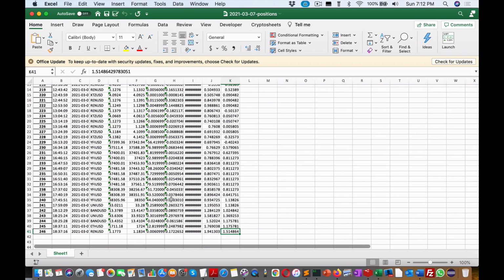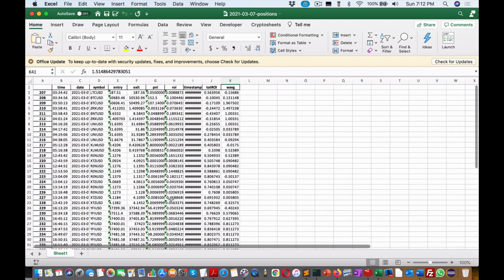It's adjusted and more realistic, so you can see that relationship better. I've also included a running total return on investment for the day, which starts at midnight and continues.